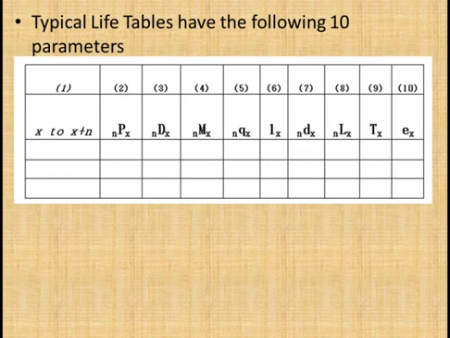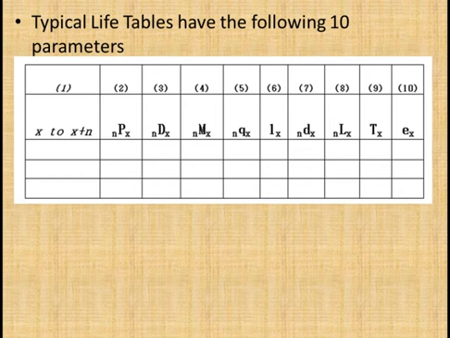Then we have ndx. This gives the number of people dying at age x in life table population. Then we have nLx, the number of years lived by persons aged x.